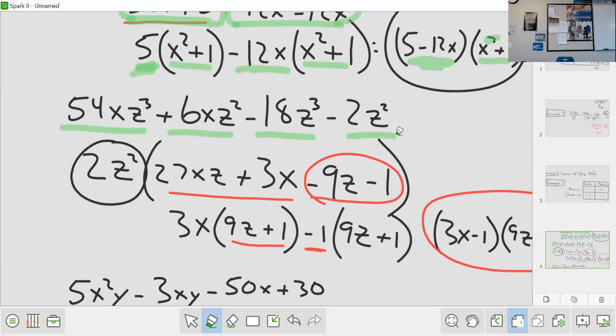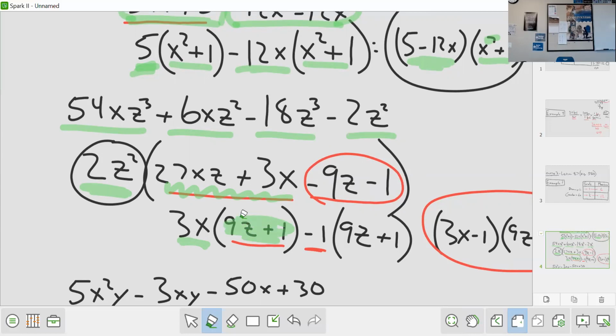Well, yeah, we realize we can factor out a 2z squared. And so when I do that, I end up with four terms. I end up with a 27xz plus a 3x. And automatically I realize I can factor a 3x out of that. And I end up with my 9z plus 1.